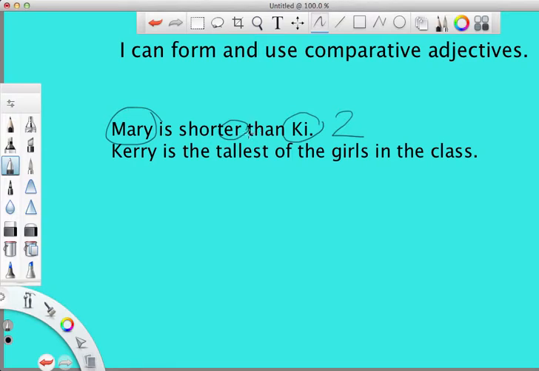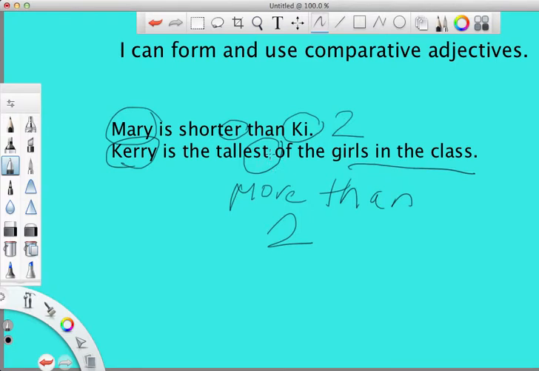Shorter, taller, bigger, all of those things. You add an er. The next sentence says Carrie is the tallest of the girls in the class. We're assuming when we say this that there's going to be more than two. So because we assume that there's more than two, it gets the est on the end of it.